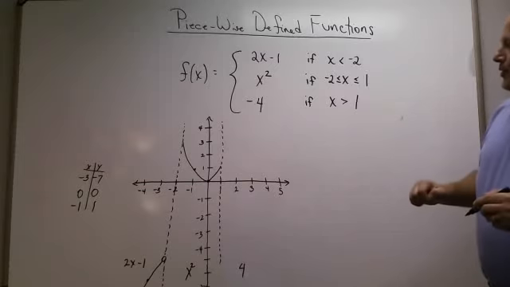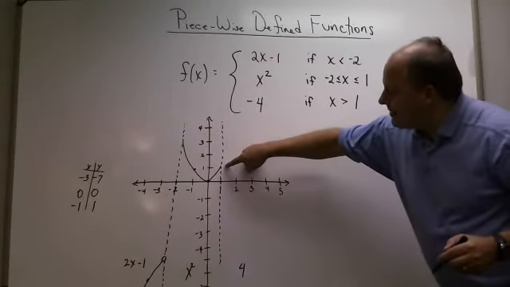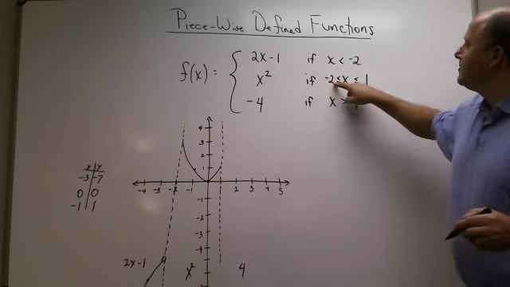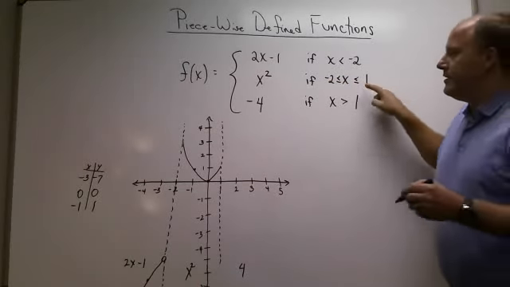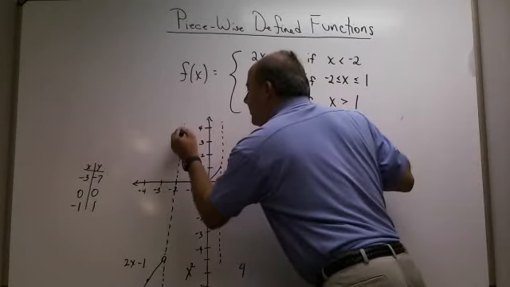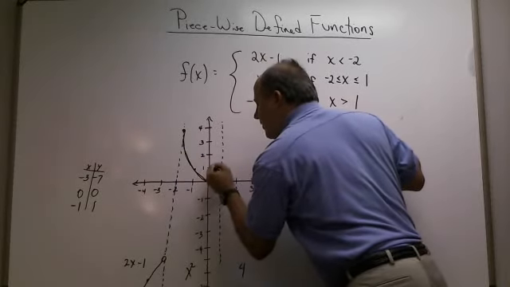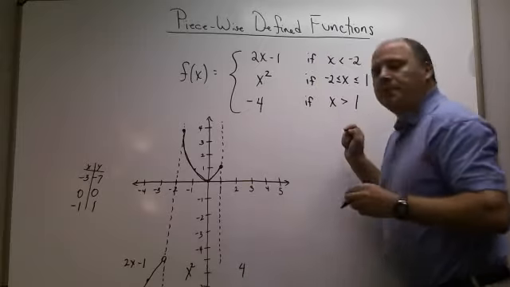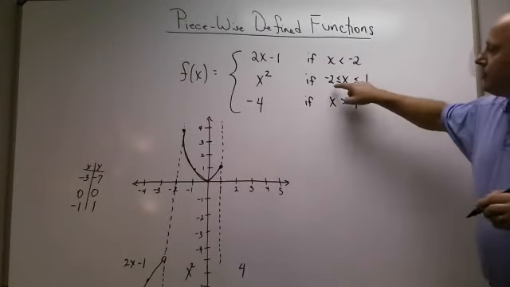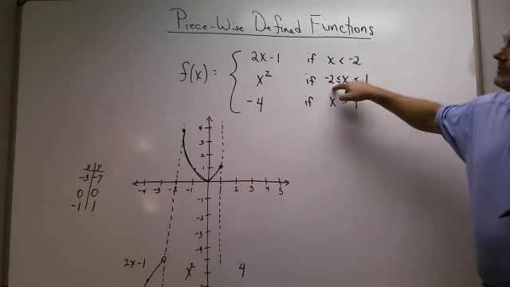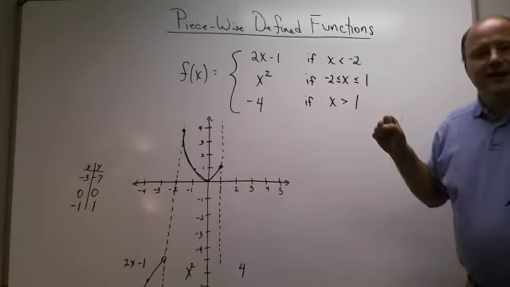At the ends, they're defined because it says between -2 and 1 inclusive. So there's a point there, and it goes over here, and there's a point there. Notice they're not open circles on this one, because it's inclusive, which basically means you include the numbers. That's why it gets a solid dot.